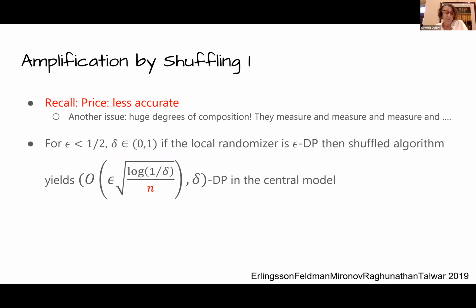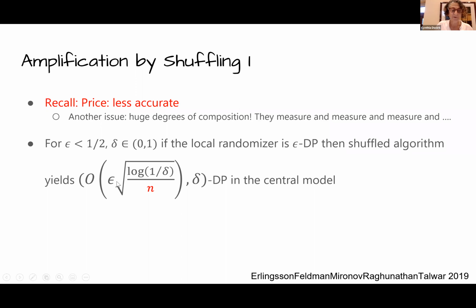So there's a theorem that says for small enough epsilon and any delta, if the local randomizer, that little box that the user uses, is epsilon differentially private, then the shuffled algorithm will give this kind of differential privacy in the central model. So what is this kind?